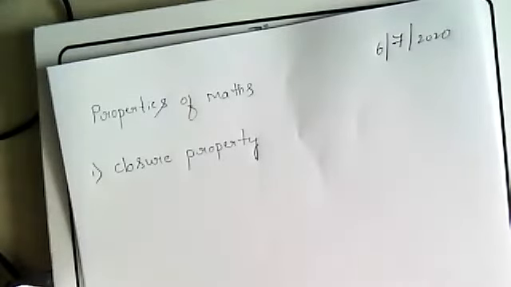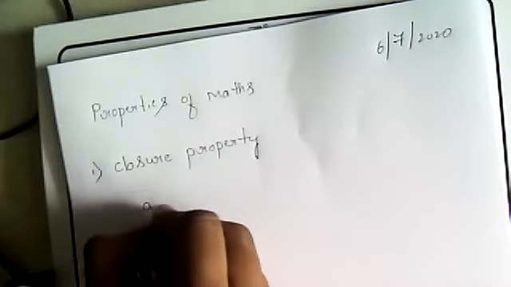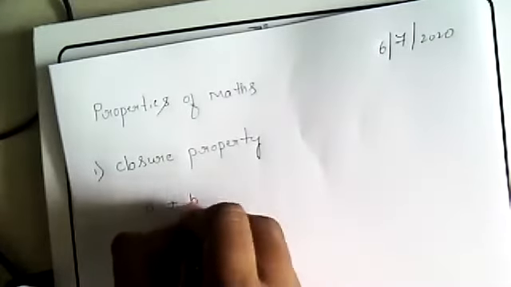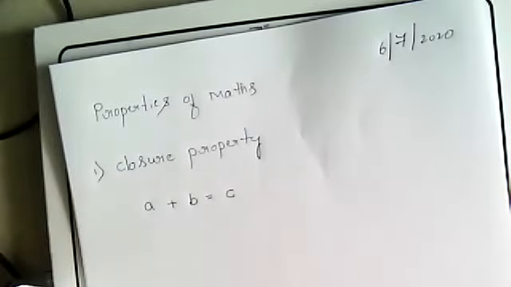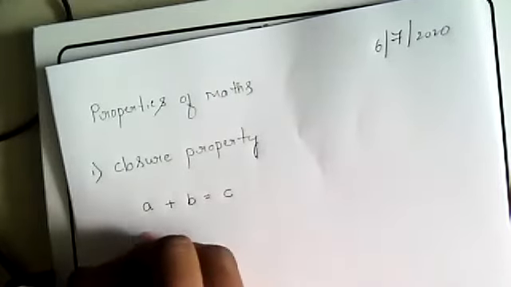Here in this property, we are going to learn that when we add two whole numbers, the result is always a whole number. Here it's a general formula: A plus B equals C. For example, in the place of A, I'll write 2.